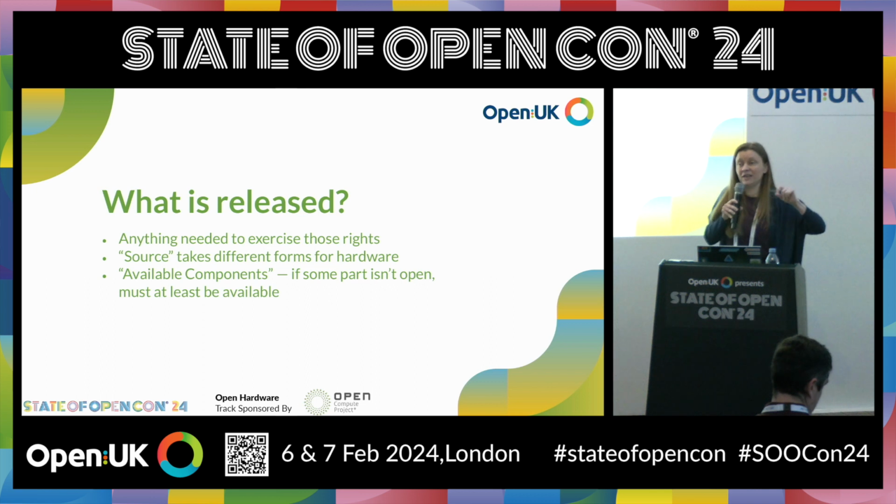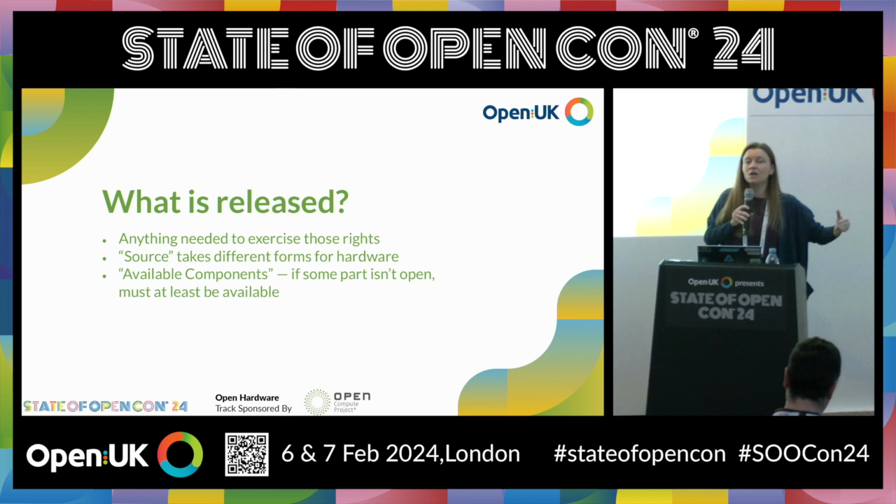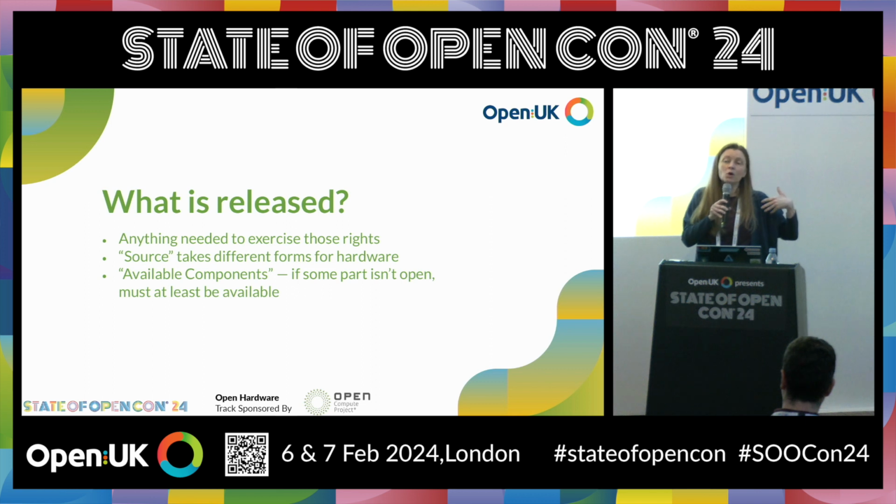It could be little things, but it also could be as big as an Intel chip, right? It's just not available as open. So as long as those things are readily available to purchase, we will accept that it's still open hardware as long as people can get what they need to make their own copy and modify it and redistribute it.